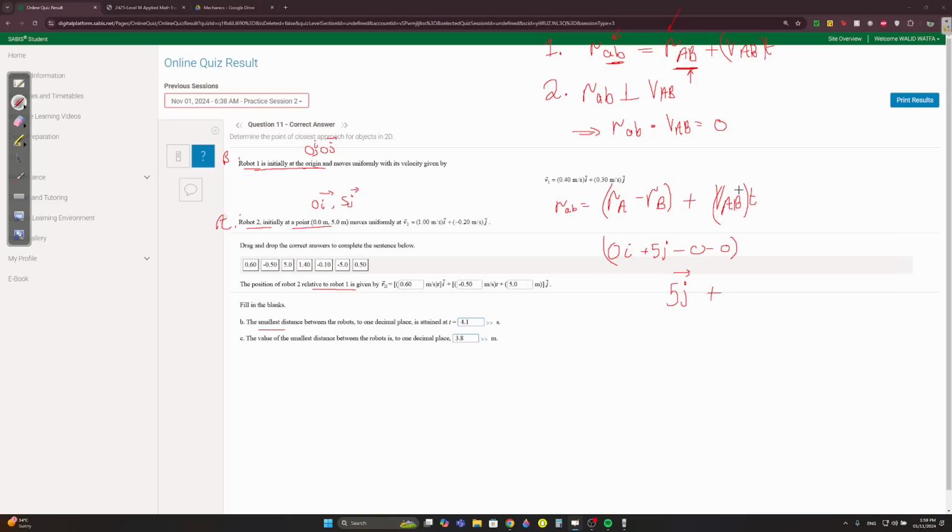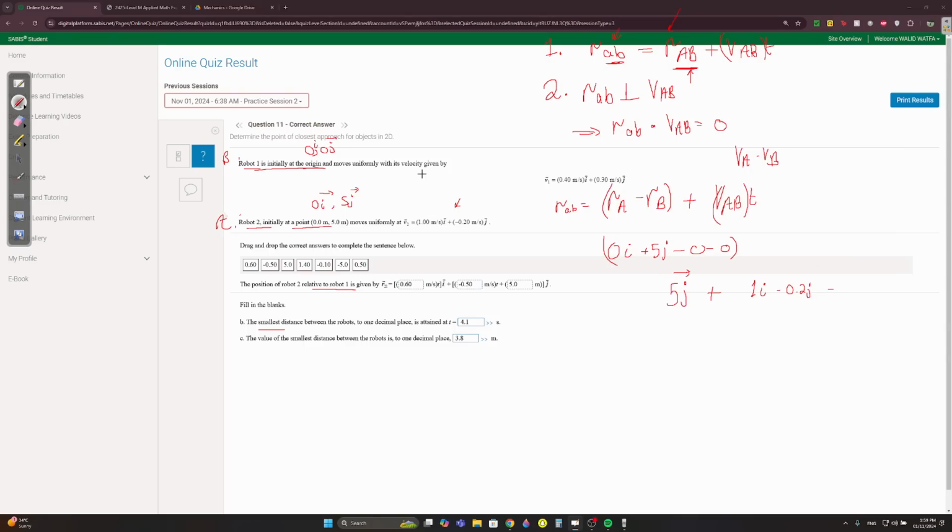Plus V_AB T. What's V_AB? V_AB is equal to V_A minus V_B. We said robot 2 is A. So what's the velocity of A? 1I minus 0.2J, minus V_B.